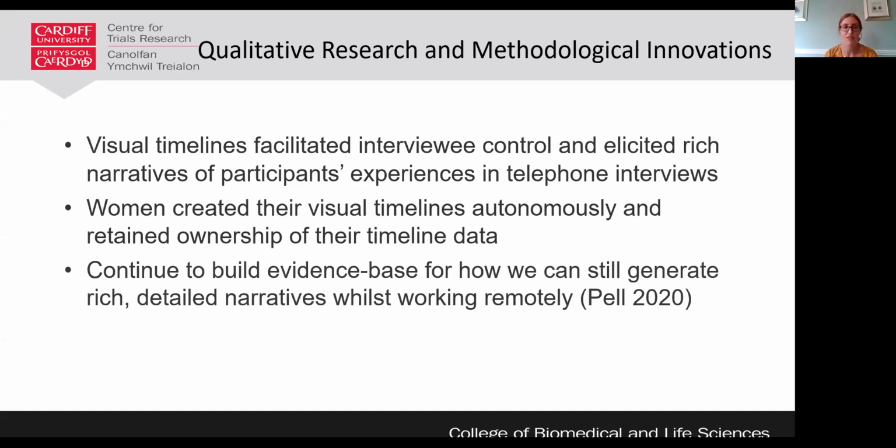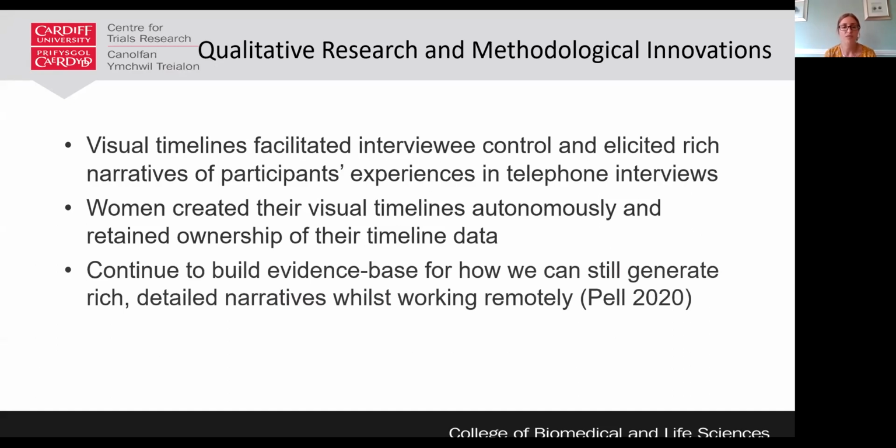So Bethan and colleagues found that the method can be used well. It can facilitate interviews. It can provide rich data. It can help the participants retain ownership of their data.